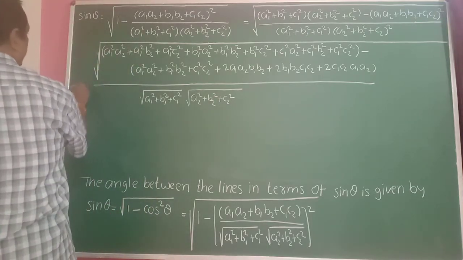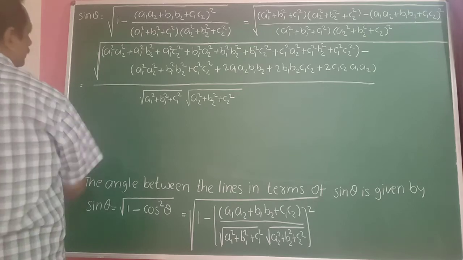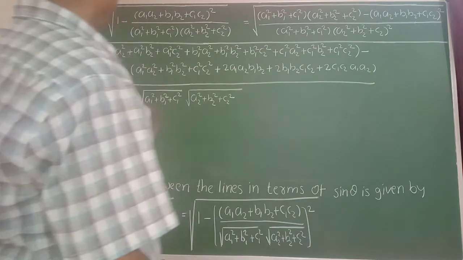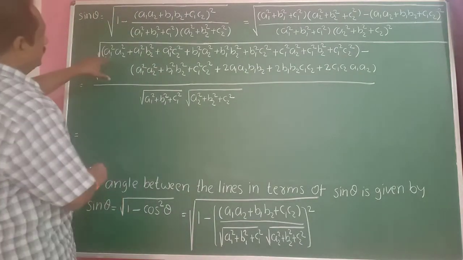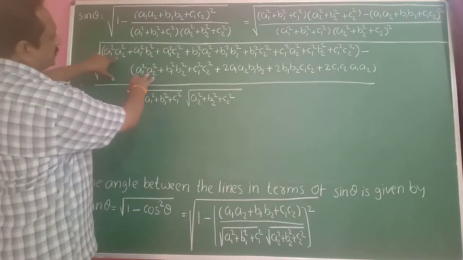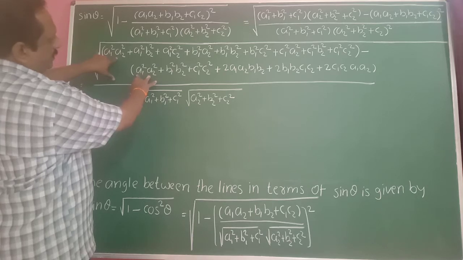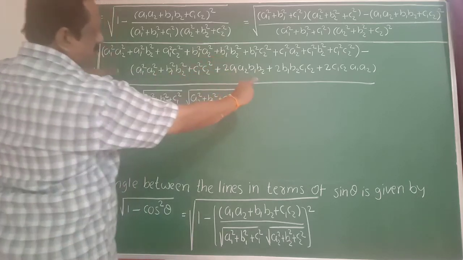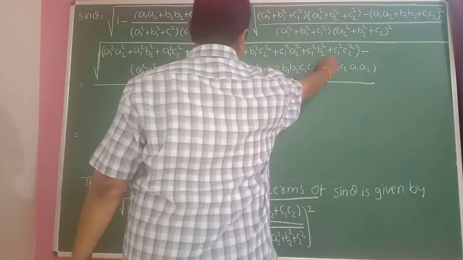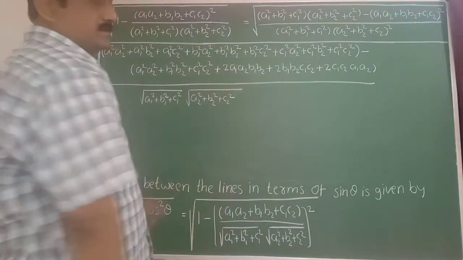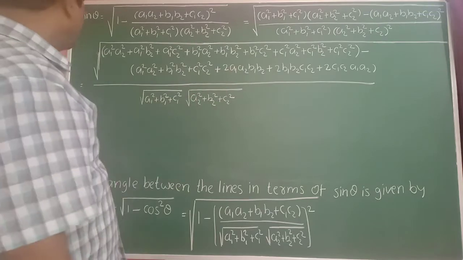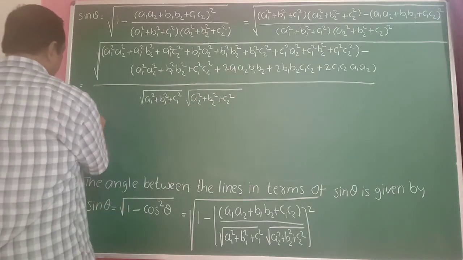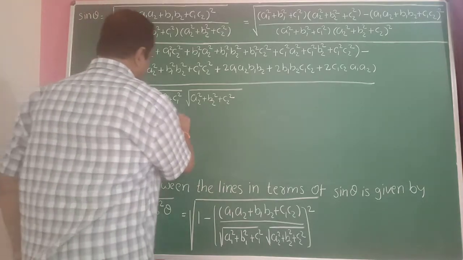Okay, then this is equal to, take this minus inside the bracket. In that case a1 square a2 square cancels, b1 square b2 square cancels, c1 square c2 square cancels, because you are taking minus inside the bracket here.